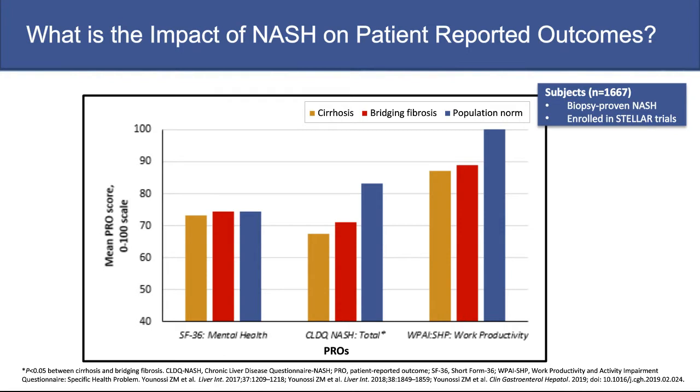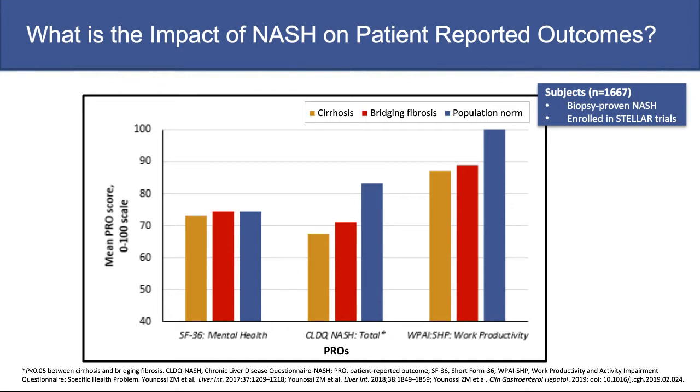The 3 different graphs are 3 different questionnaires: short form 36, which is basically a generic quality of life questionnaire; CLDQ NASH, which is a disease-specific questionnaire; and WPAI, which is a questionnaire for work productivity. As you can see, utilizing any of these questionnaires, patients with NASH have lower quality of life and lower physical PROs than the general population, and these PROs worsen as disease becomes more advanced.